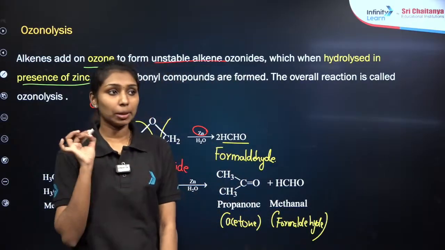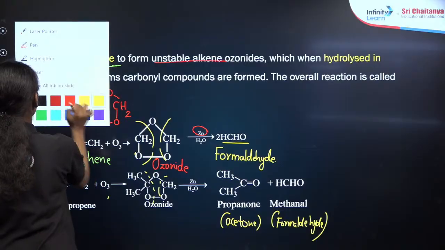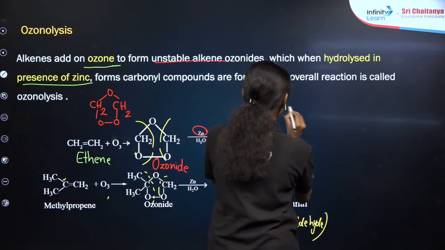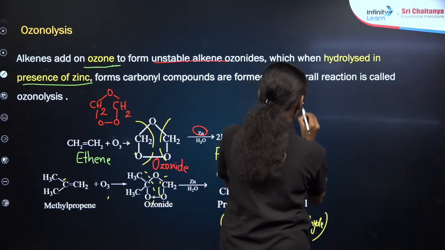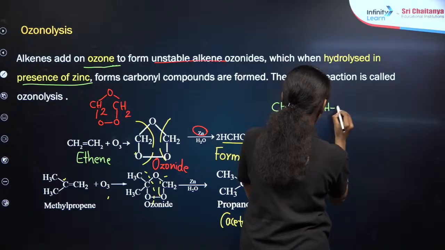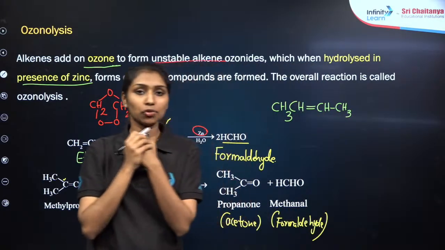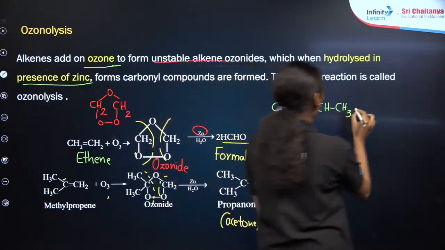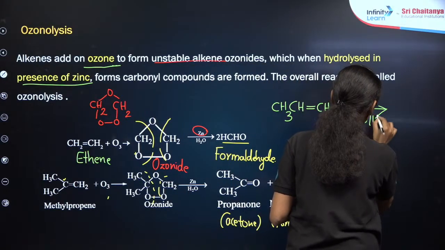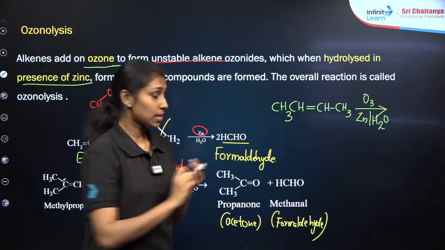So in general, one more trick you have to keep in mind: if you are given any alkene, for example, and doing the ozonolysis in the presence of zinc and H2O, what you have to do is just break the double bond.